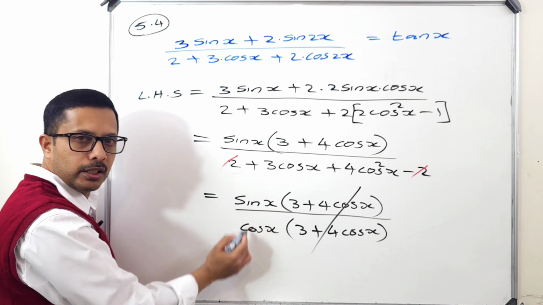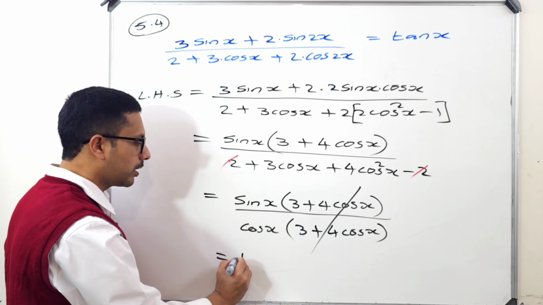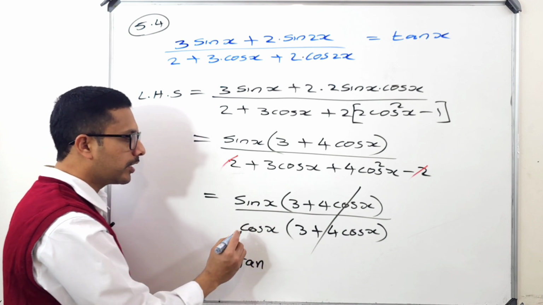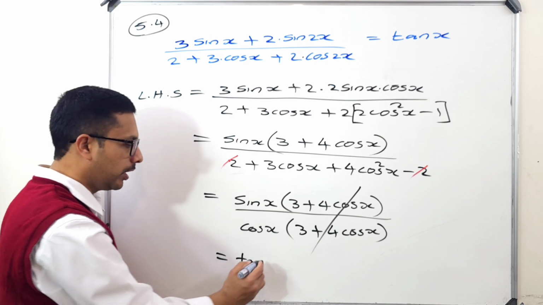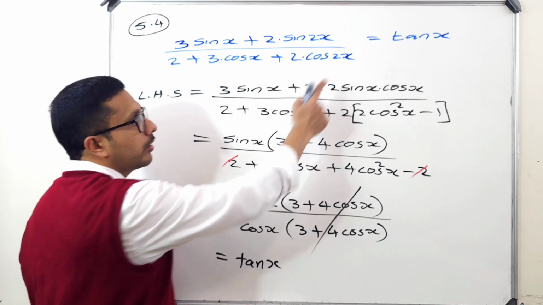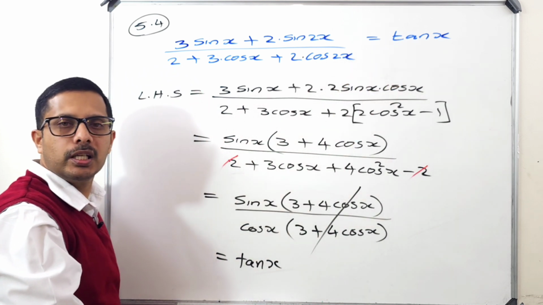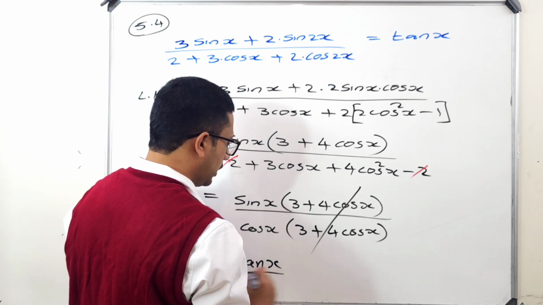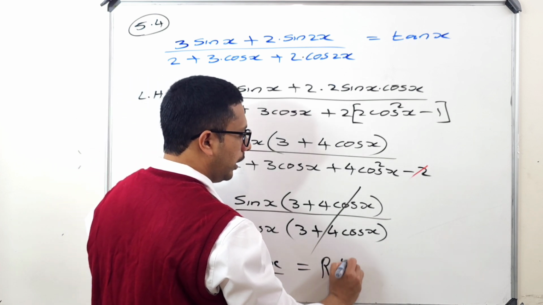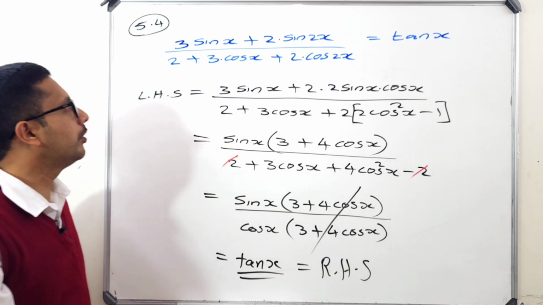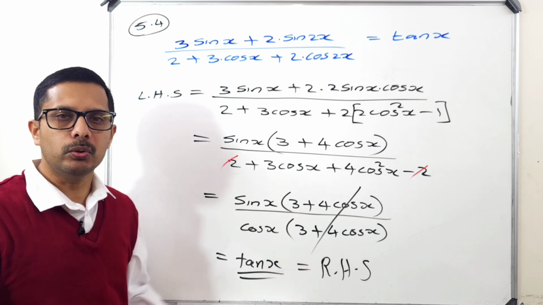So what is remaining? Sin x by cos x. What is that one? Tan x. Is it not that what we want to prove here is equal to tan x? So that is our RHS. So we proved that LHS is equal to RHS.